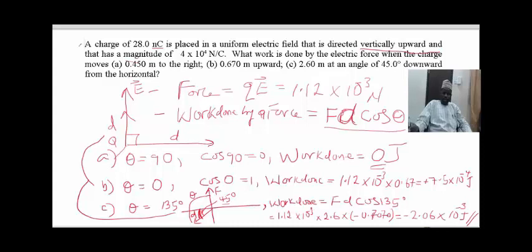Therefore we work out our work done: force times distance times the cosine of the angle between them. When you evaluate this correctly, you will end up with this result as the work done by the electric force.